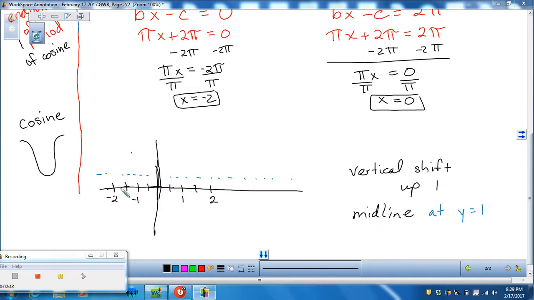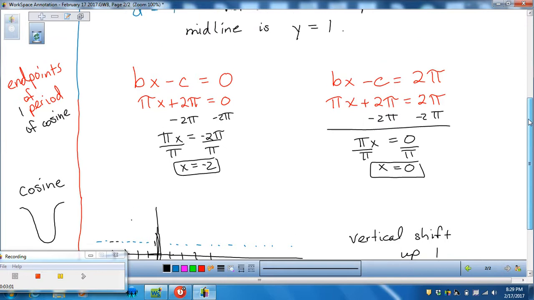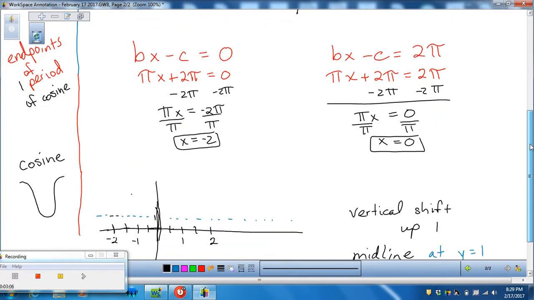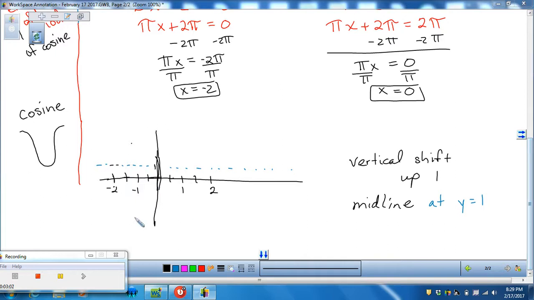So our midline is at y equals 1, which you can see is denoted by this little dotted line at a height of 1. Now our amplitude on this one is 2, so we are going to be 2 above where the midline of 1 is.